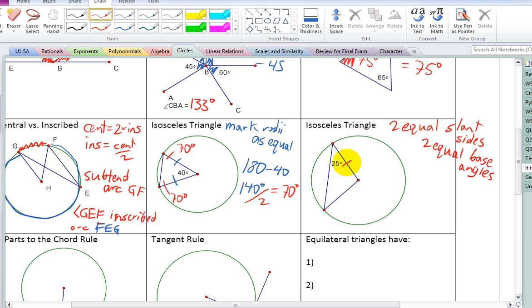So mark these two lines as being equal, either with 1 dash or 2 dashes. You can use 3 if you want, just must be the same. This then is also 25 degrees because they're opposite angles, opposite base angles. So the top angle then would be 180 minus 25 minus 25, which equals 130 degrees.